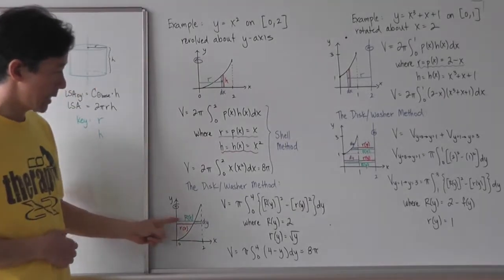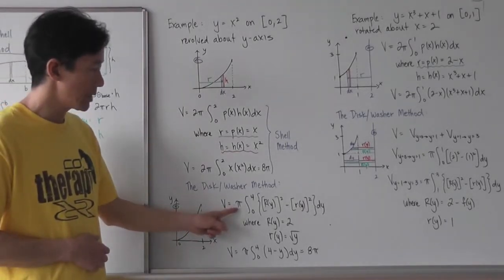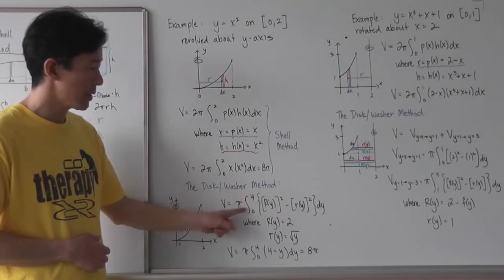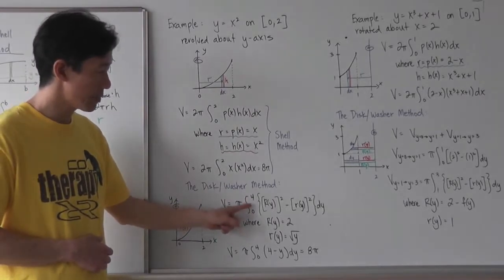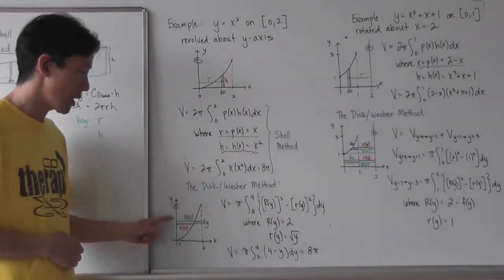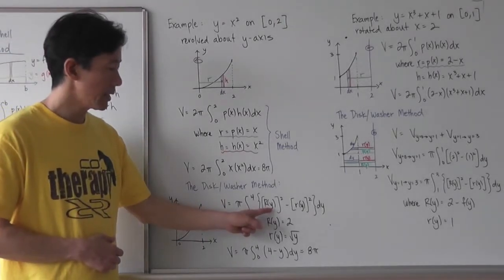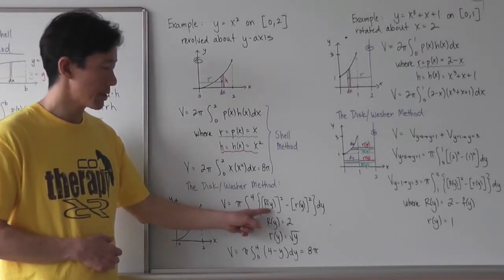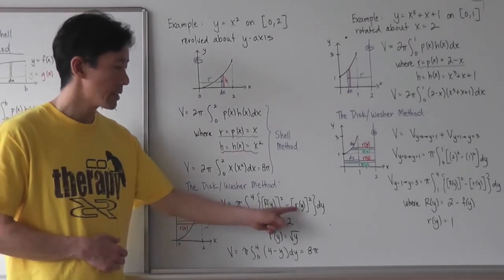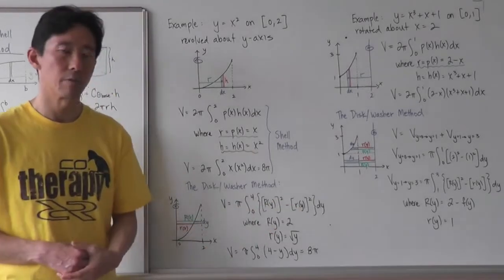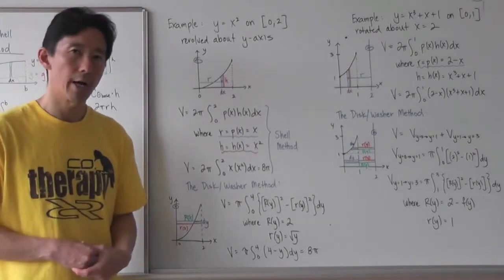So our initial statement is pi times the integral from 0 to 4, because those are the y values that are generated, of the larger radius function in terms of y squared, minus the smaller radius function in terms of y squared, d of y.